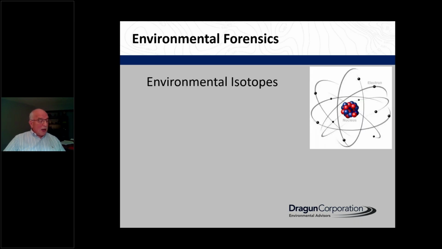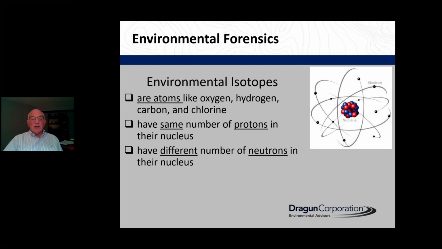So next we'll look at environmental isotopes. Environmental isotopes are atoms like oxygen, hydrogen, carbon, and chlorine. All elements have isotopes.